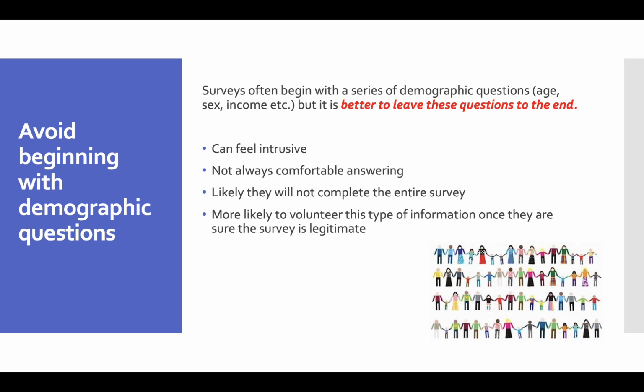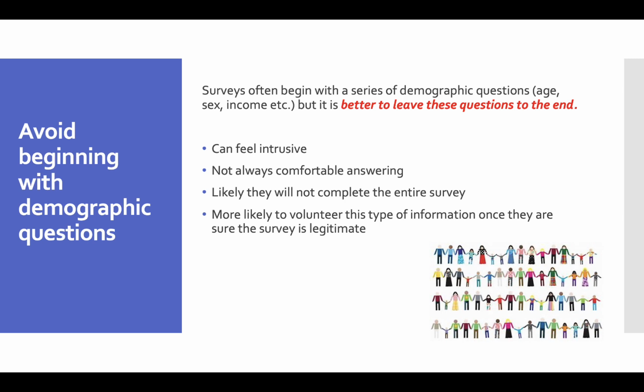Or you want them to not make it through the survey. You're just doing what we would call a weed out question. You don't want to waste somebody's time. So anyway, my opinion and the opinion of most researchers is that you leave the demographics to the end.